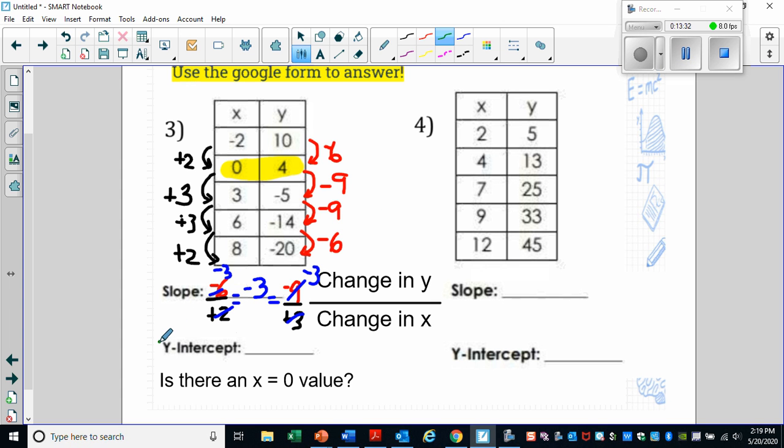Your y-intercept takes place when you have x equals 0, and then your y value will be part of your y-intercept. So in this case, your y-intercept will be 0, 4.